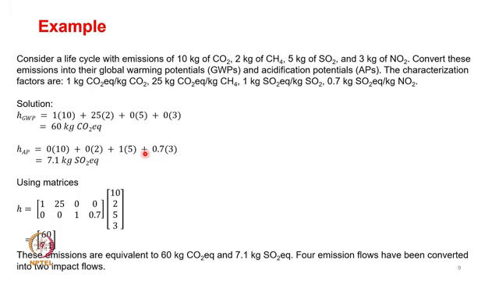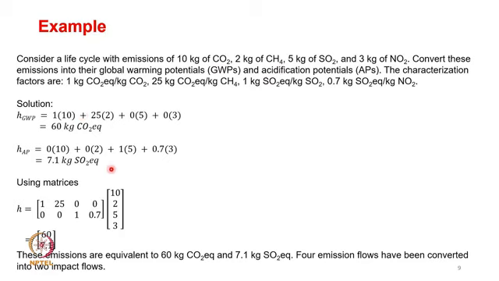So it becomes 1 times 10, because it is 10 kilogram of CO2, then 25 times 2 for CH4, then 0 times 5 and 0 times 3. Why? Because SO2 and NO2 are not typically contributing to global warming, while they are contributing to the acidification potential. So you put 0 here and this would be equivalent to 60 kilogram of CO2 equivalent.